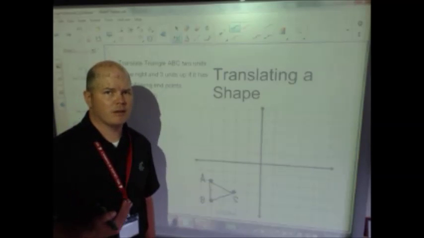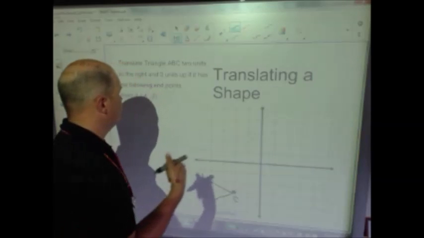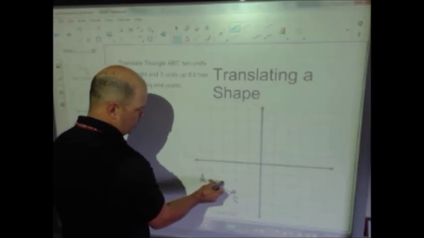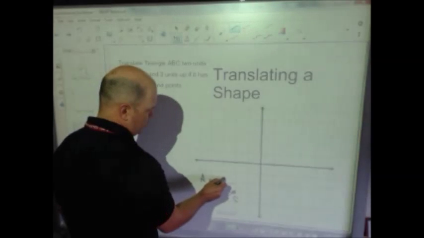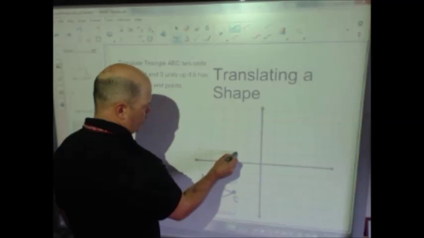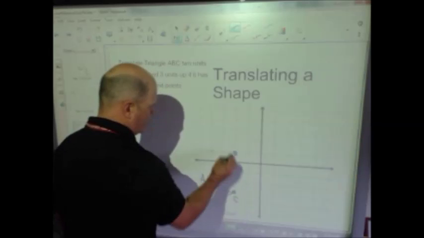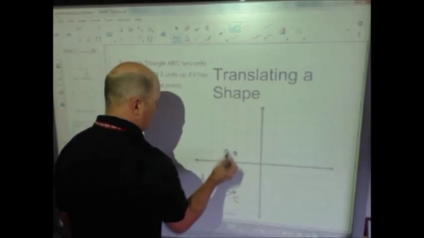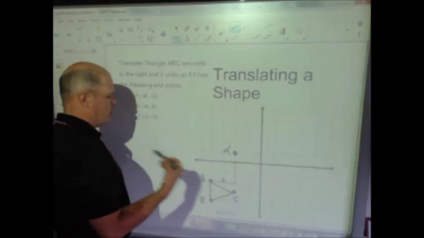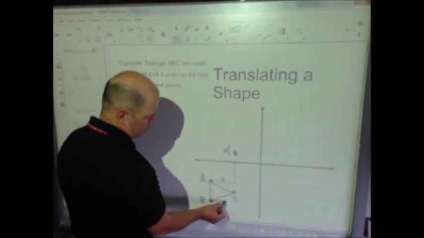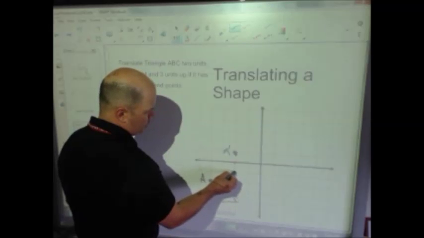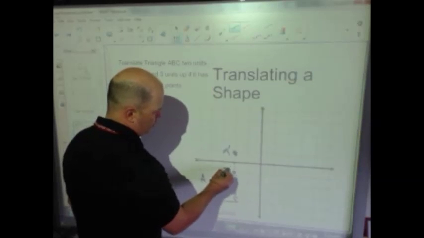The whole purpose of this is just to translate that unit 2 units to the right and 3 units up. So to do that, I'm just going to take point A, 2 units to the right and 3 units up to get my point A prime, and that prime just signifies that the shape is moved. I'm going to do that for each point. So I'm going to go 2 units, 3 units, put a B prime.